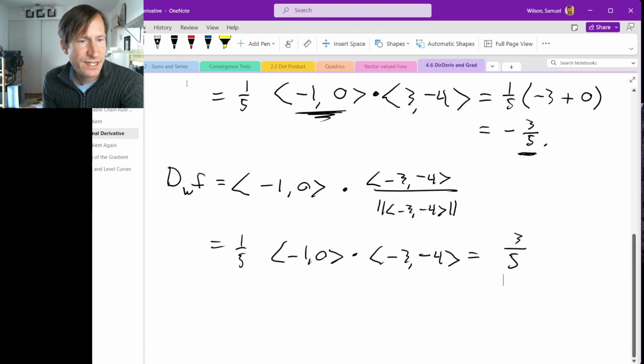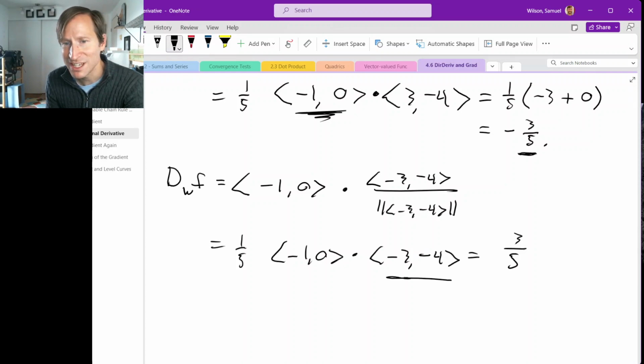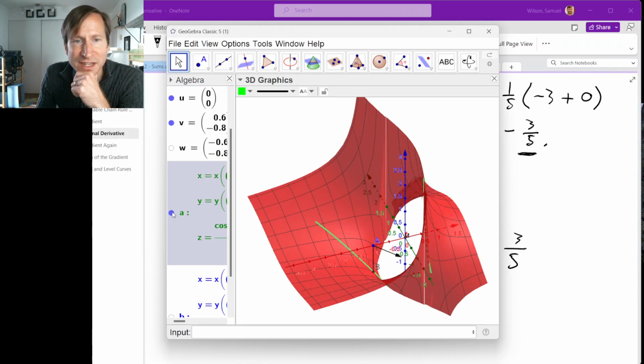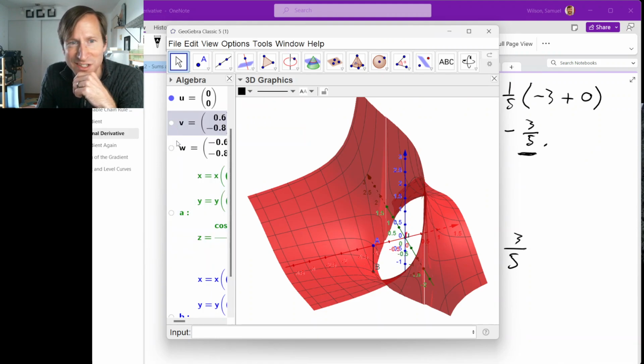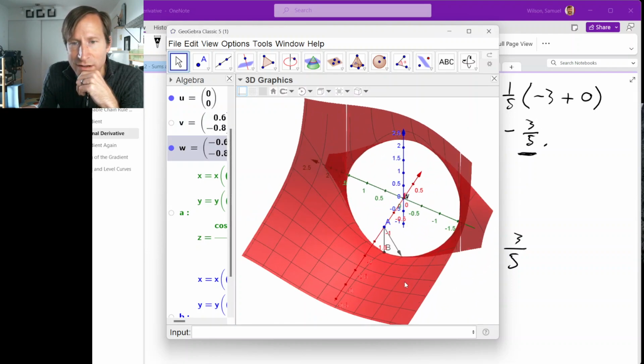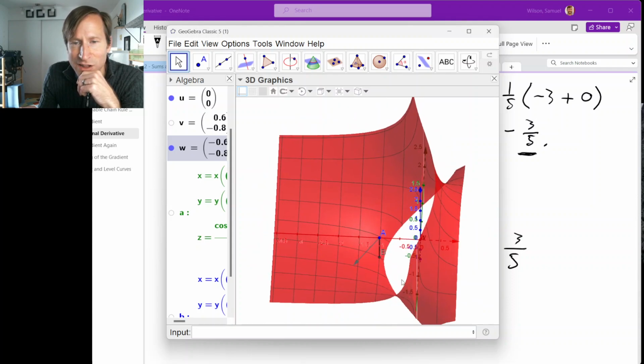So let's look at the graph again, but let's look in this direction, minus 3, minus 4. So here's our graph again. Let's get rid of the first direction we looked at. Let's look at this other direction. Okay, so there's the vector in the direction we're looking at now.